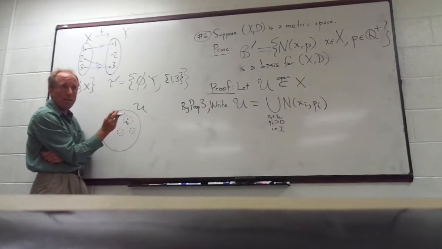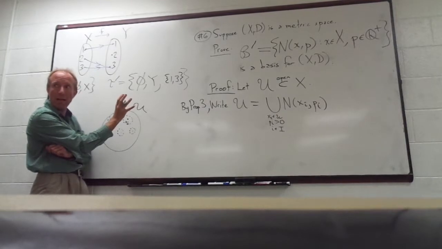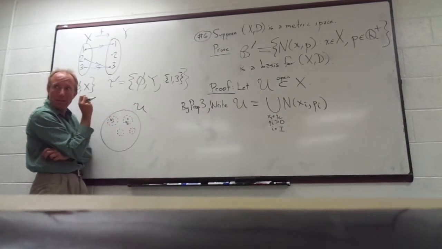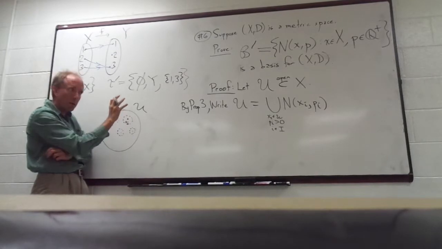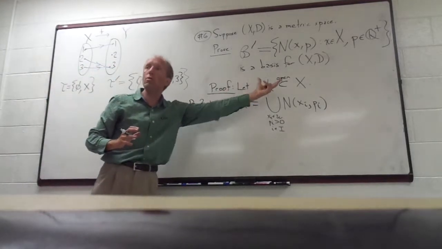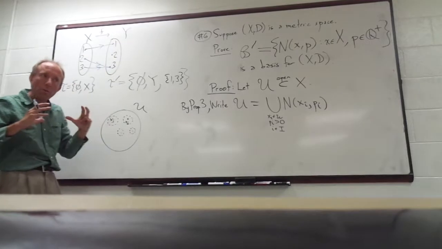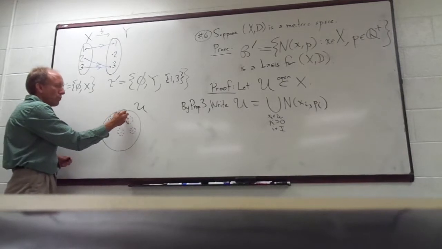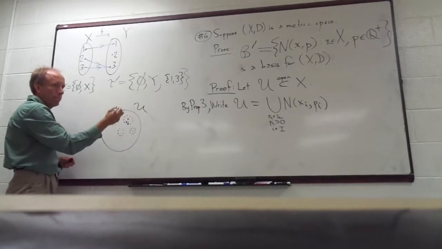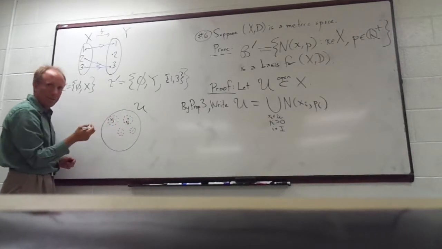So can we massage this union somehow? Can we change it in a way that the whole U is still a union of neighborhoods, but now with the radii being rational? What could we do? Let's say that this radius right here is the square root of 2. So that's not good.